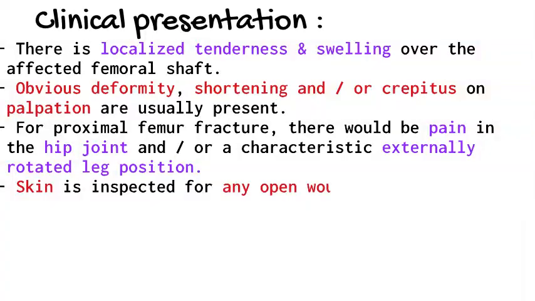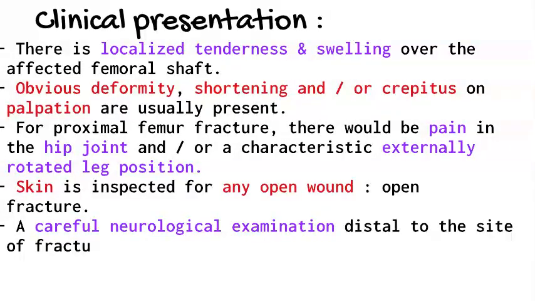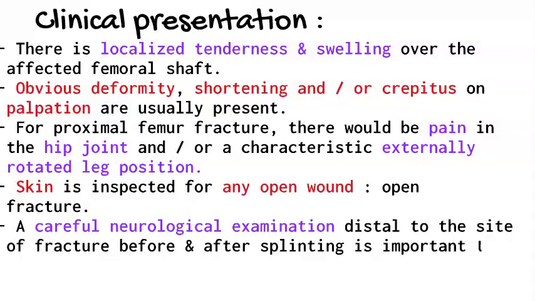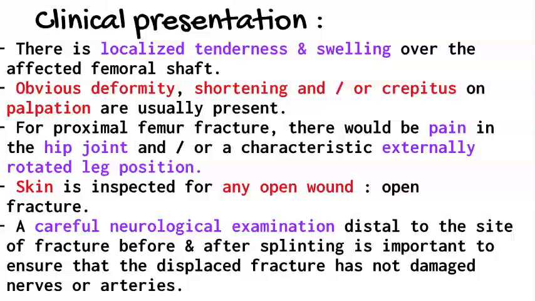The skin is inspected for any open wound that would lead to an open fracture diagnosis. A careful neurological examination distal to the site of fracture, before and after splinting, is important to ensure that the displaced fracture has not damaged the nerves or arteries.